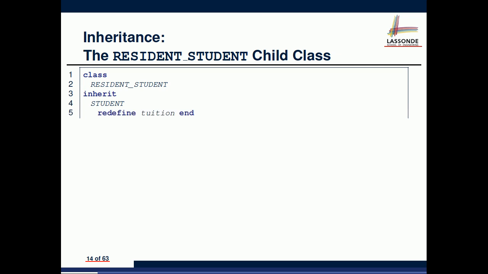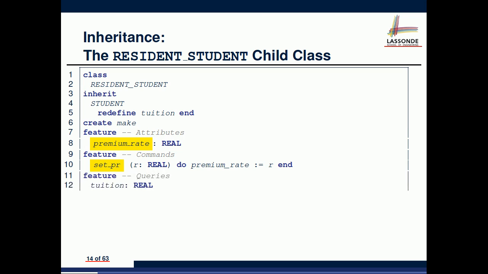Okay, so we redefine tuition, like overriding tuition. We just say, apart from the base rate, we're going to want to do a little bit more. We have a constructor here, and then premium rates, that's something that's different. And also set premium rate, that's also different. And for tuition, the most important keyword is Precursor. Precursor over here is like super in Java.